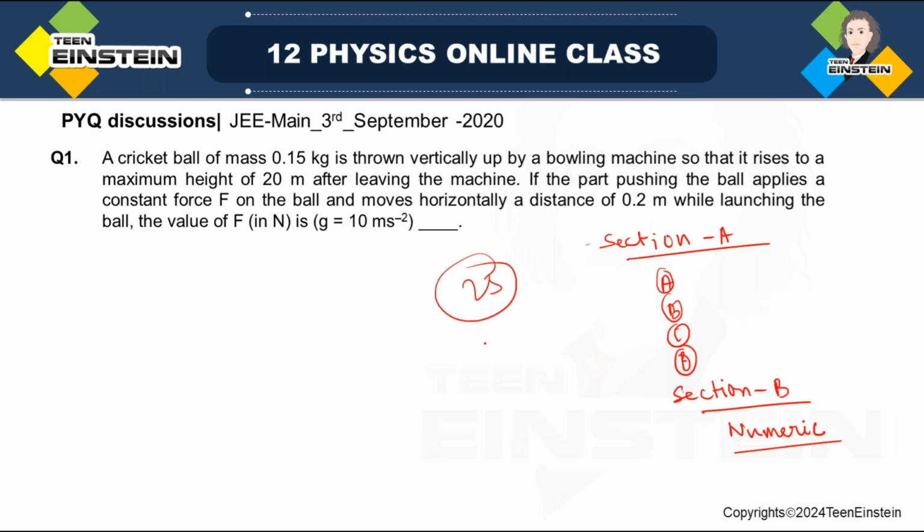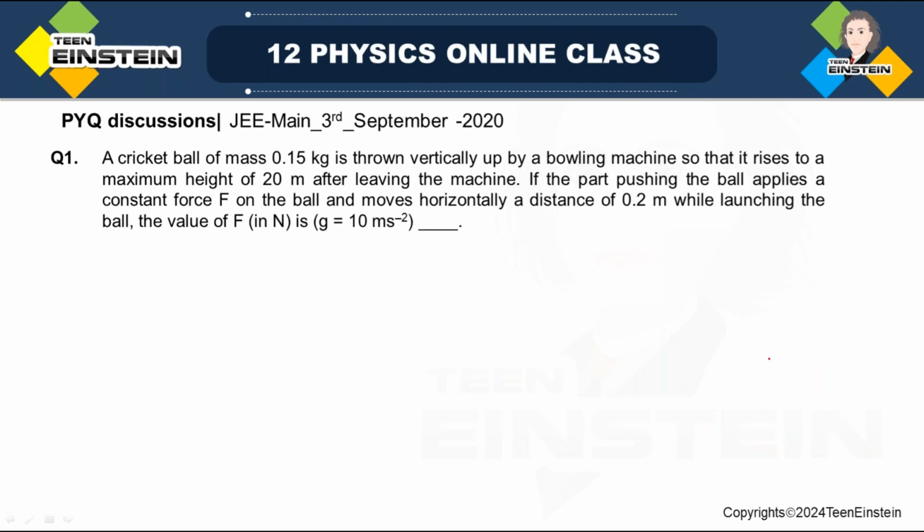Total 25 questions you have to attempt: 20 in the first part and 5 in the second part or section B. Here there will be 10 questions and here there will be 20 questions. So out of 20 you have to attempt all 20 questions, and out of 10 questions you have to attempt 5 questions. So let us go for the section B part questions.